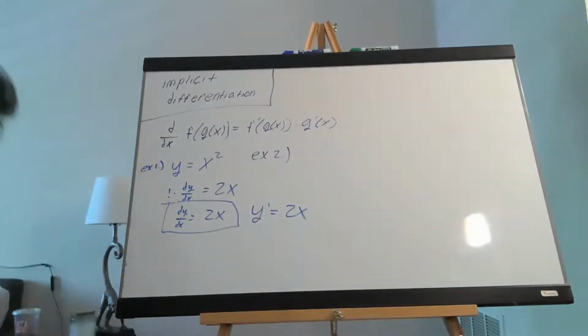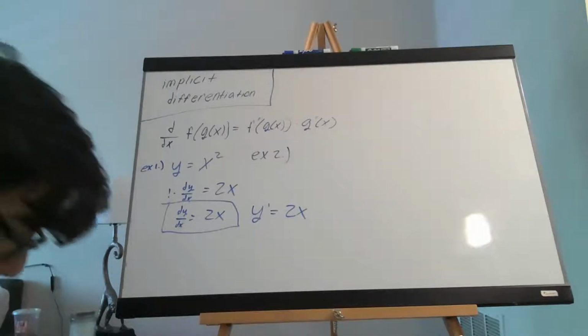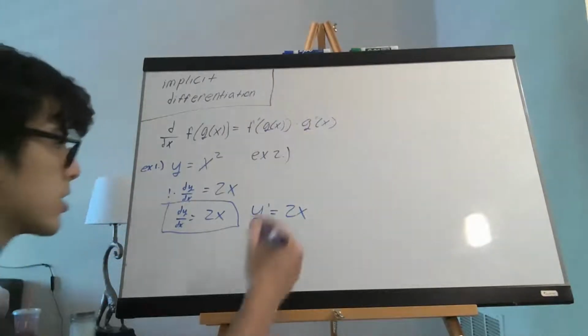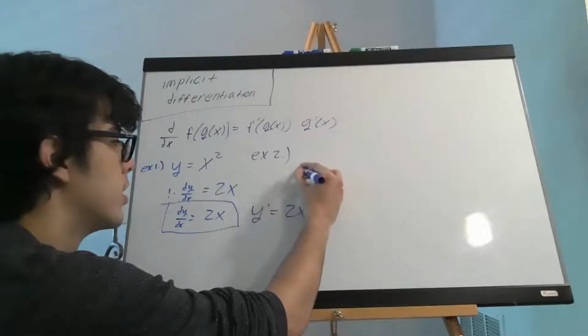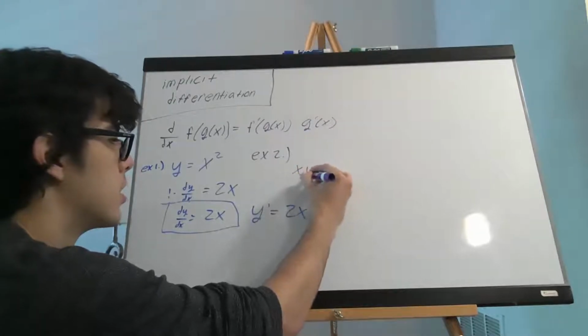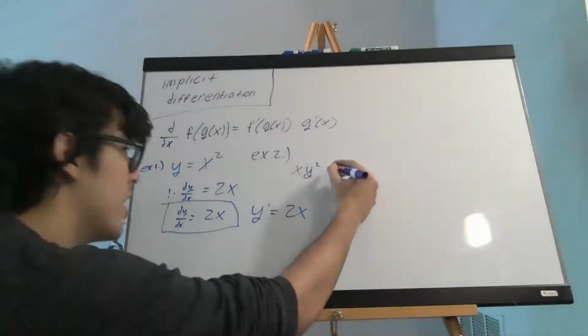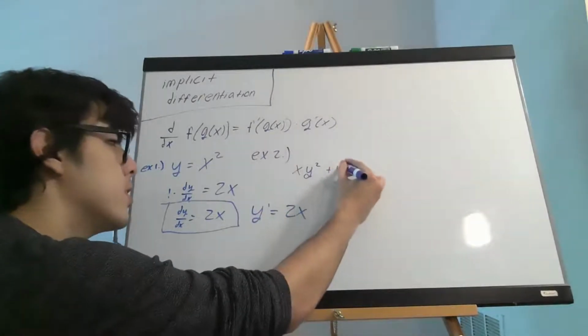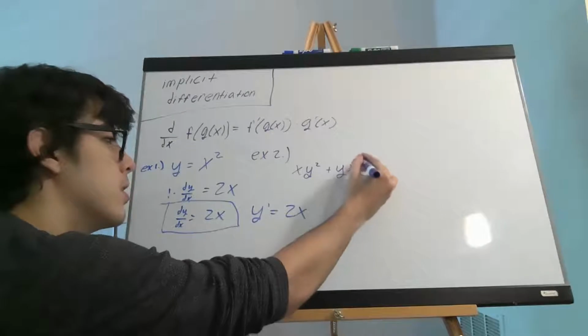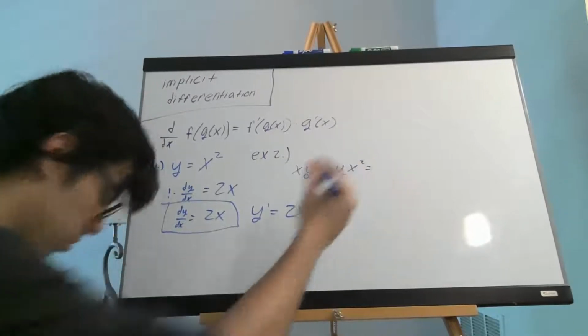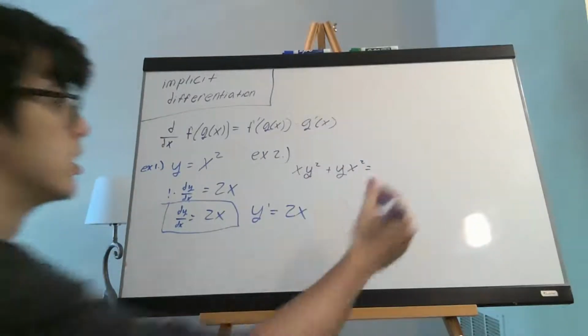So for this problem right here, what we're going to write down is x times y squared plus y times x squared is equal to 2.